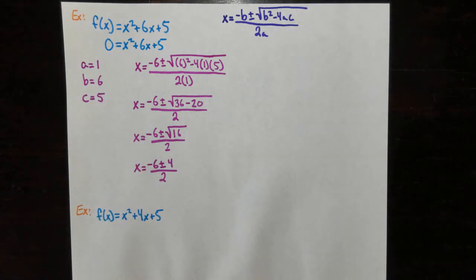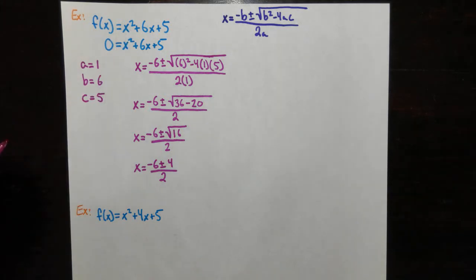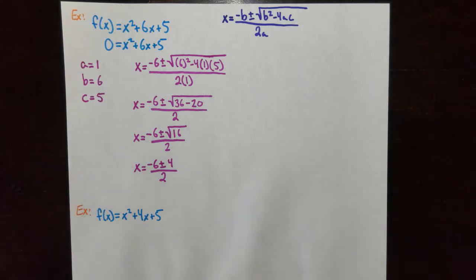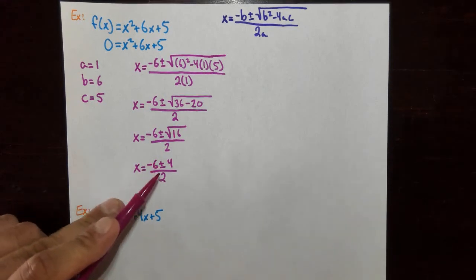So you might be asking yourself, Mr. Lucero, you said that polynomials have as many zeros as the degree of the polynomial, right? So this is a second degree polynomial, so I should expect 2 zeros. Why is there one equation? Well, that's where this plus or minus comes in.